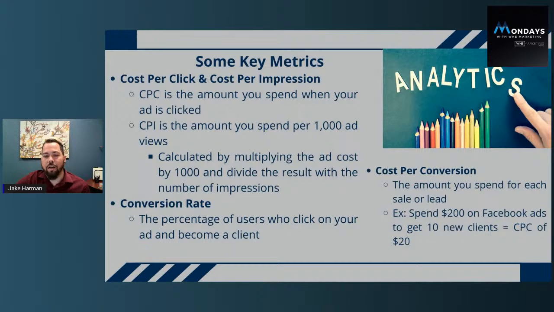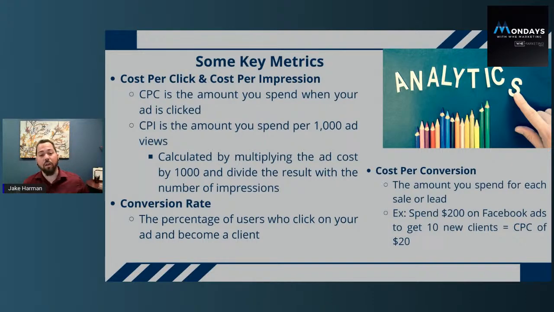All right, next up is cost per click and cost per impression. Cost per click, or CPC, is the amount that you spend when your ad is clicked. So basically, if I click on your ad, how much is that click costing you?